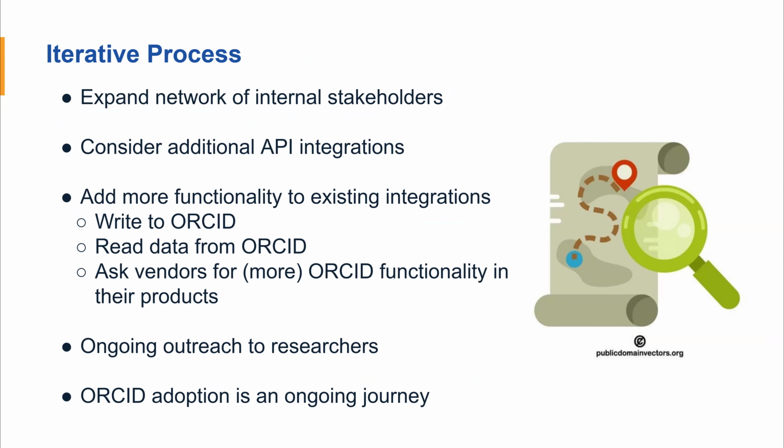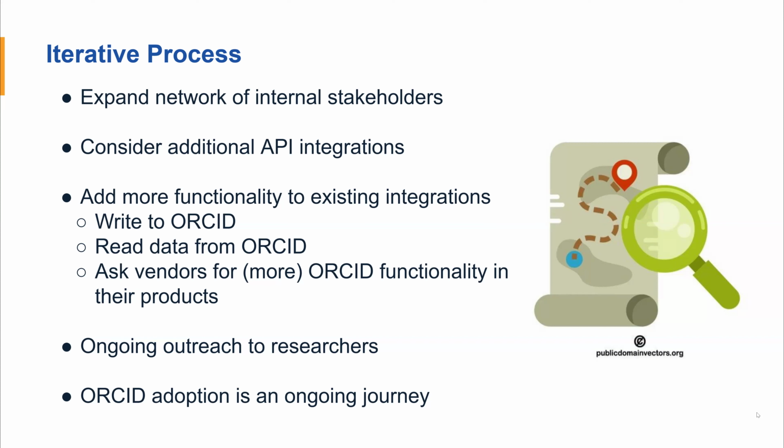If you already have an API integration, a next step could be thinking about other areas or other systems that you might want to integrate next, or adding functionality to existing integrations, like writing data to ORCID if you're not already doing that. And then, of course, as Paolo mentioned, the outreach to researchers is just ongoing.